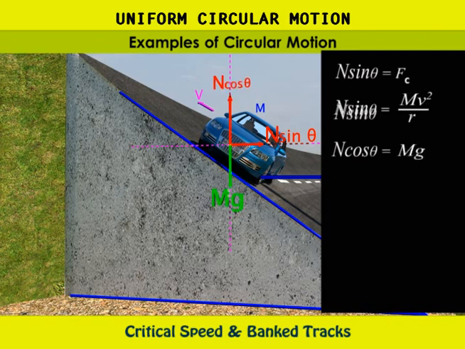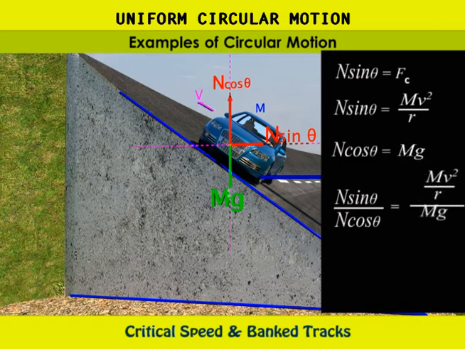From these equations, N sin theta divided by N cos theta will be equal to mv squared over r divided by mg, and that is equal to mv squared over mrg. The m's cancel out here and the N's cancel out on the other side. We remain with sin theta over cos theta is equal to v squared over rg.